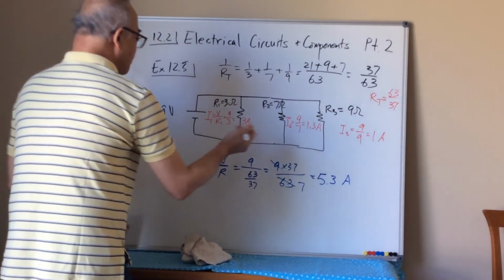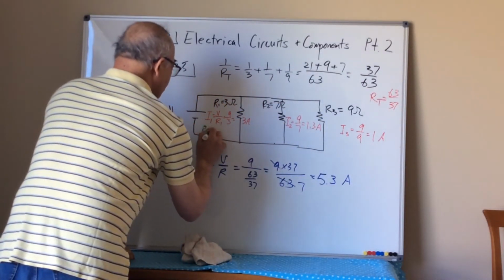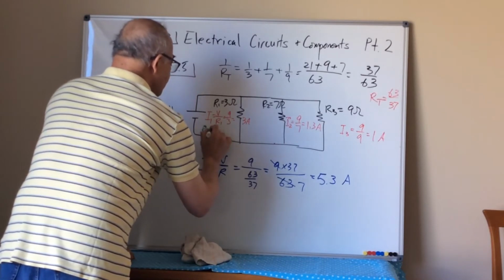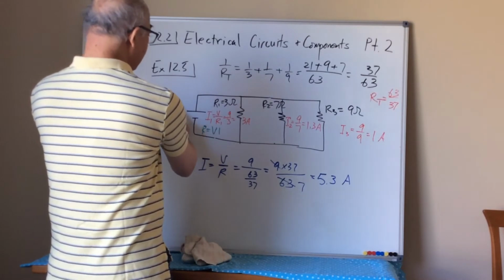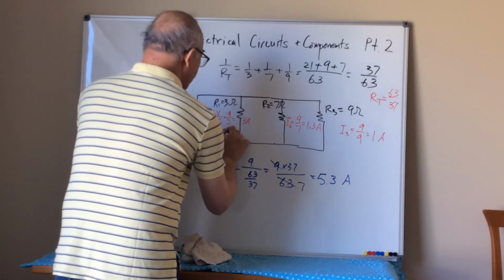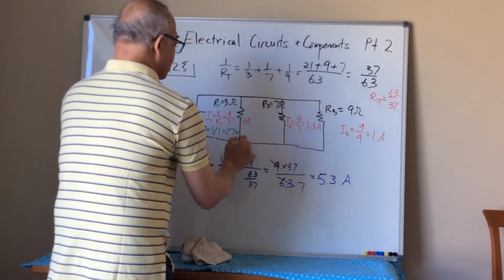Also, if I asked you, you could calculate the power across each of these, right? The power would be what? Power is equal to VI, right? The V is 9, I is this, so this would be 27 watts.